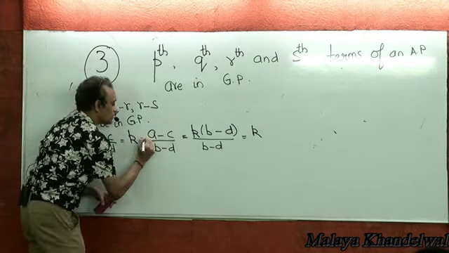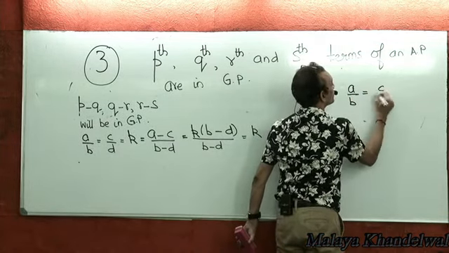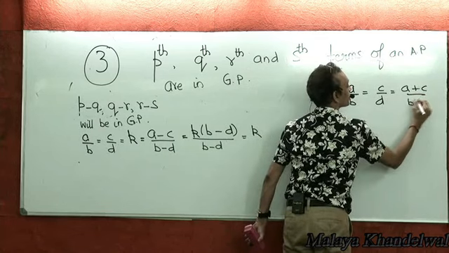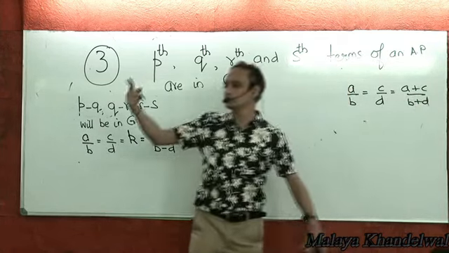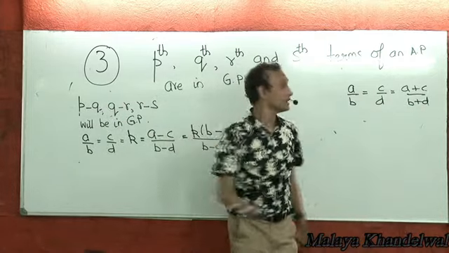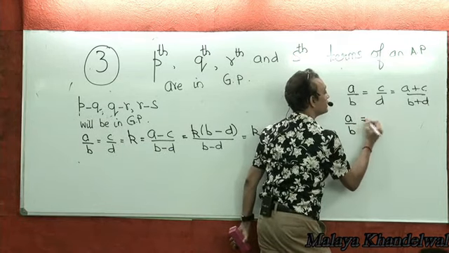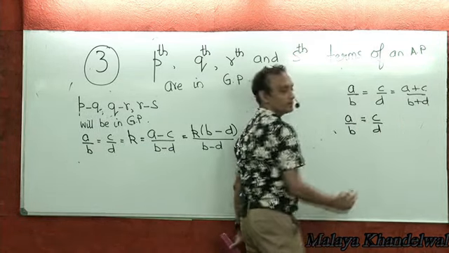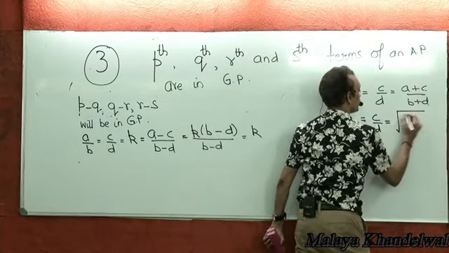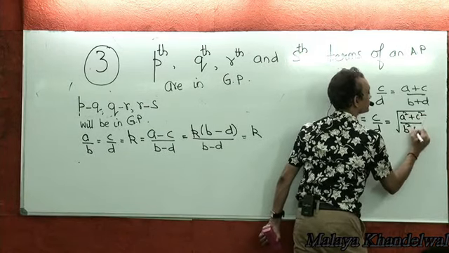Similarly, you should be able to establish if A by B is C by D, then each will be equal to A plus C by B plus D. In exactly the same way, take each equal to K and show that A plus C by B plus D is equal to K. Similarly, if A by B is C by D, then I also claim that each will be equal to root of (A squared plus C squared) by (B squared plus D squared).